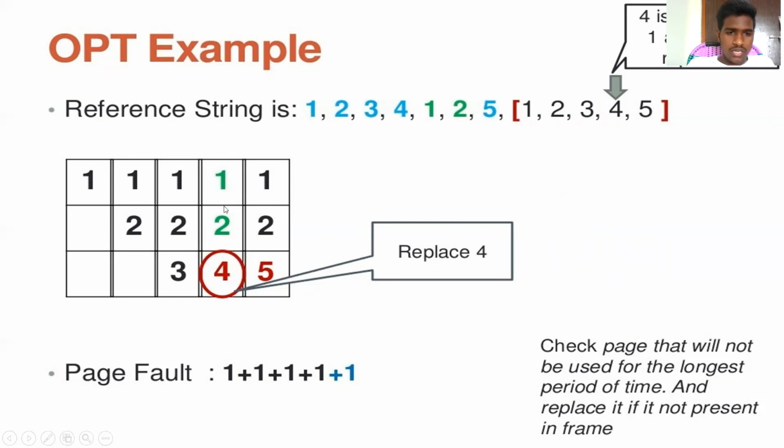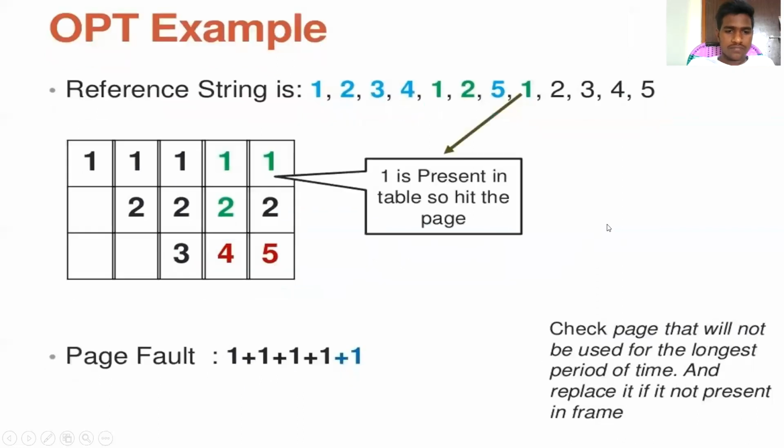Comparing these 3, 1 is used next to this 5 and 2 will be used next to this 1, but 4 is there after the 3, so it will be used after this 1 and 2. So we have to replace this 4 with this 5, and another page fault occurs. And 1 next, as it is already there in the frame, 1 is a hit bit.